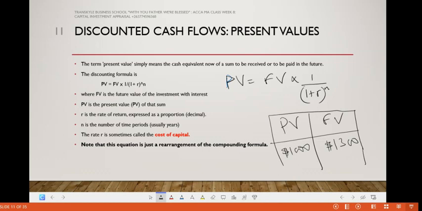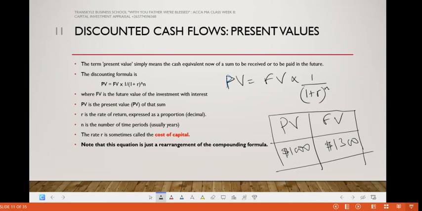So the PV is the amount you are investing today, and then the FV, the future value, is the amount you are going to receive.